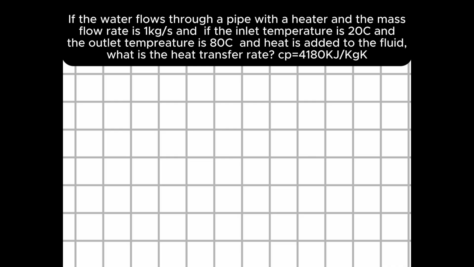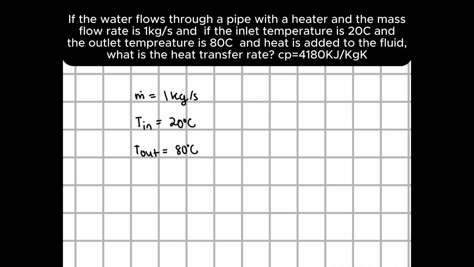So in this case, let's write down the important information. We have the mass flow rate, m dot, which is 1 kilogram per second. Then T in is 20 degrees Celsius and T out is 80 degrees Celsius.